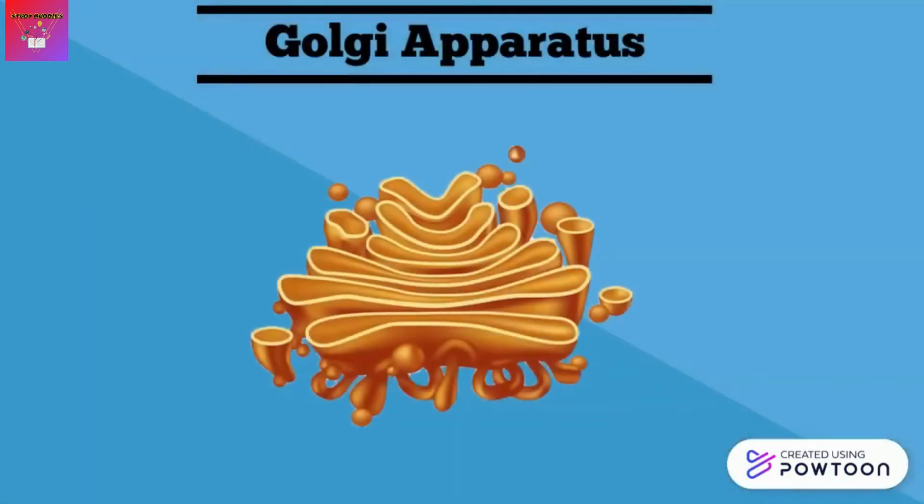Next, we have what looks like a folded piece of cloth, which is the Golgi apparatus. It is usually located near the ER, where the cis site faces both RER and SER, while the trans site faces the cytoplasm.